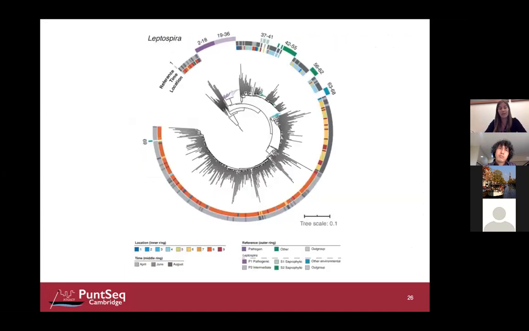So we repeated the very same analysis that I just showed you, with Leptospira. And with Leptospira, we have the nice advantage that we have quite a lot of pathogenic strains and also quite a few saprophytic strains. These are just classified as other environmental strains by NCBI, so definitely non-pathogenic. And here you see the clustering a little bit nicer with our samples.